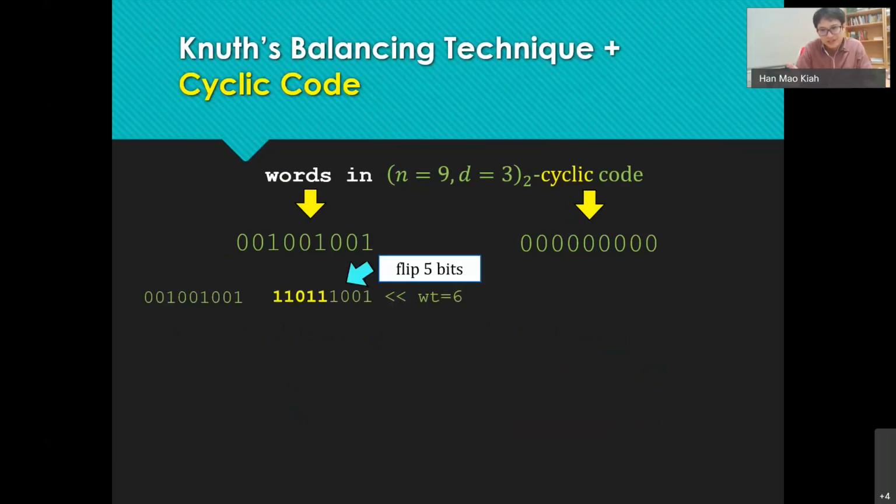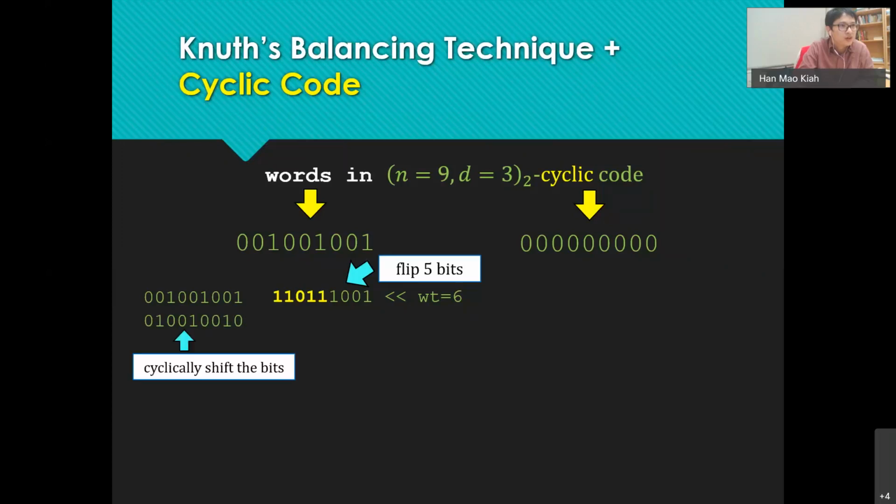But then you might ask, if you flip the first 5 bits, how do I guarantee that the weight is correct? Like in this example, I flip the first 5 bits and obtain a word of weight 6, which is clearly not balanced. So what can we do? Here is where we need the condition of a cyclic code. Instead of changing the number of bits we flip, we cyclically shift, or rotate, the words.